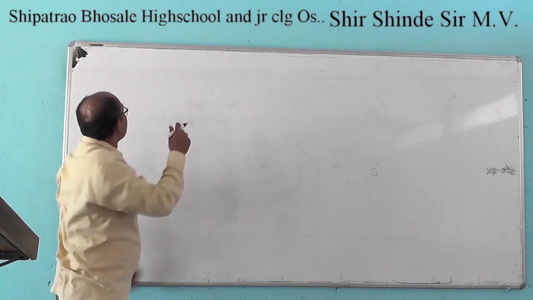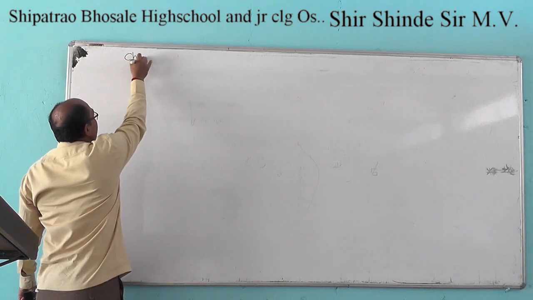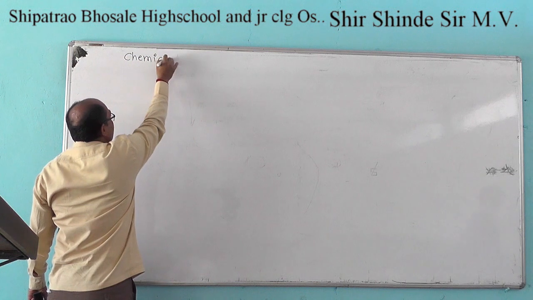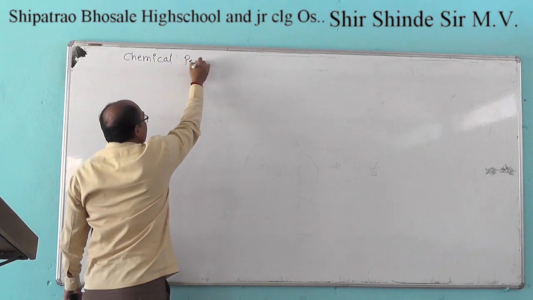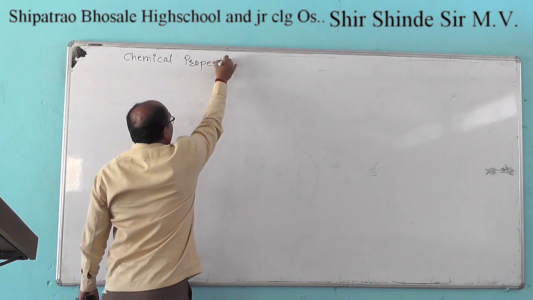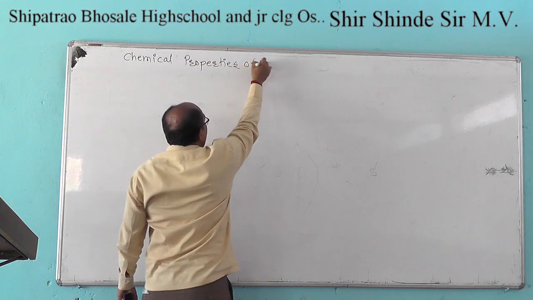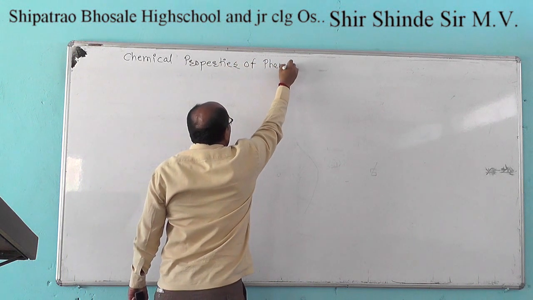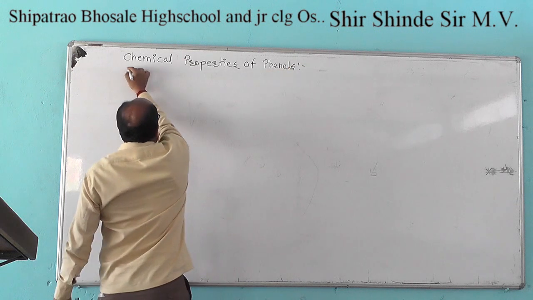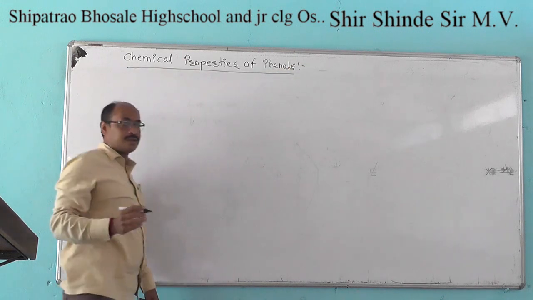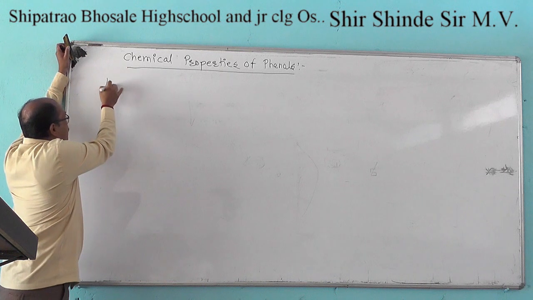So next it is the chemical properties of phenols. In the chemical properties of phenols, first it is the litmus test.